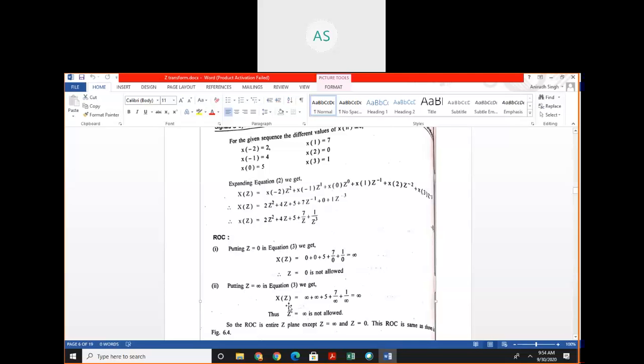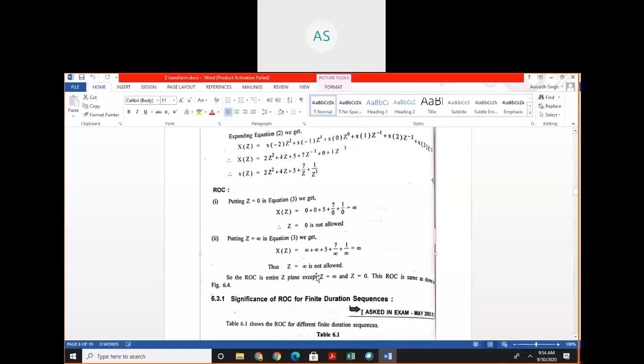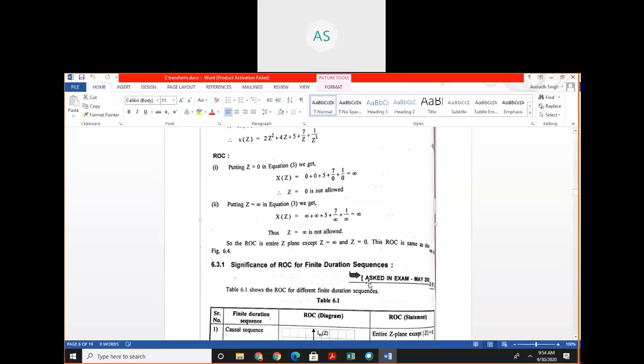After finding the final expression, for the ROC, when you put z equal to 0, it means the value of x of z, or the z transform, is infinite. It means that z equal to 0 is not allowed.